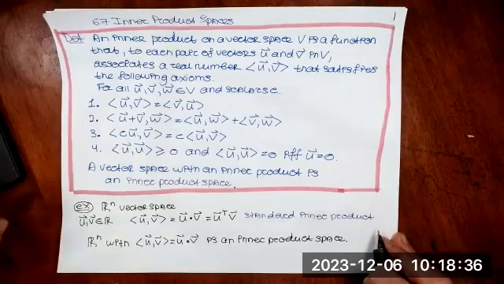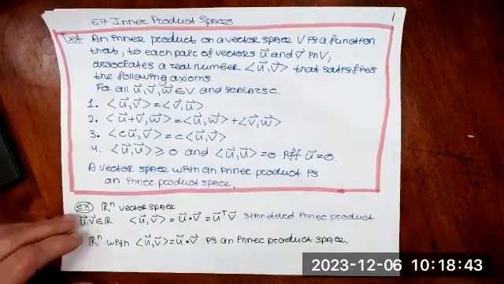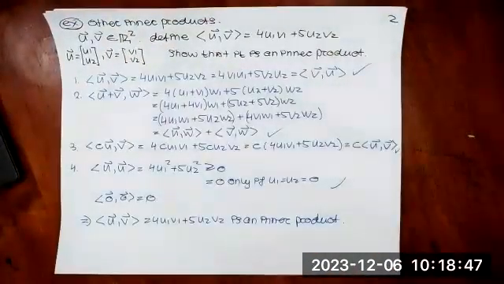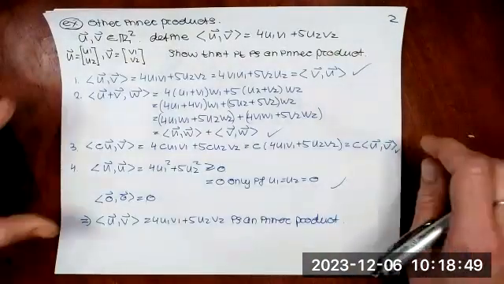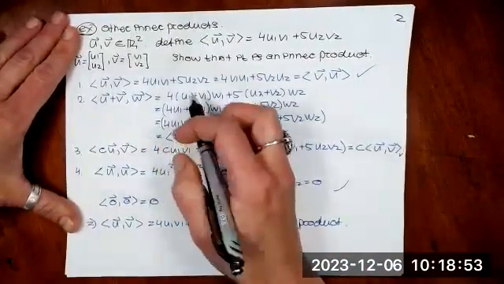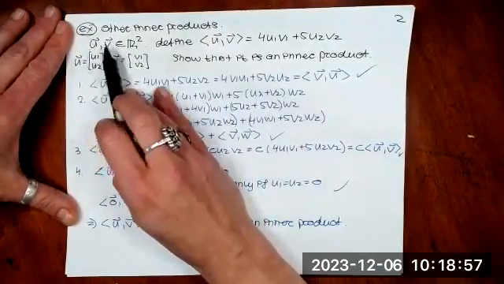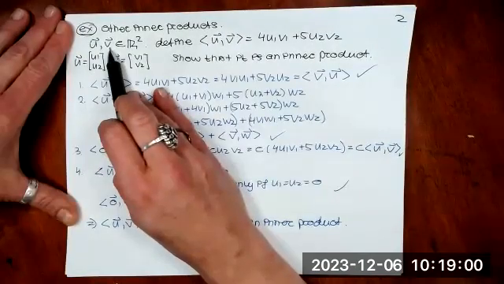So you have a space of vectors, but you also have an operation defined on that space of vectors, and that's the inner product. One example of an inner product that is not our standard inner product: we're still in R2, and I have 2 vectors U and V in R2.